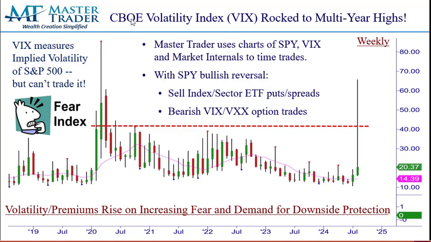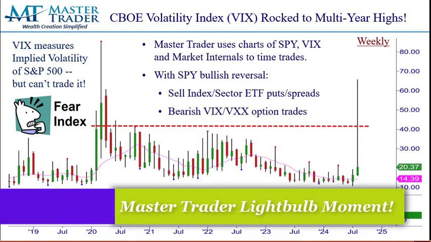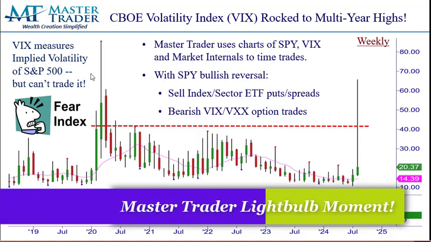This is what's called the CBOE Volatility Index, the VIX. It very simply just measures the amount of implied volatility in out-of-the-money S&P 500 options. Okay, let's keep it really simple. You cannot trade this. It's just a mathematical calculation.